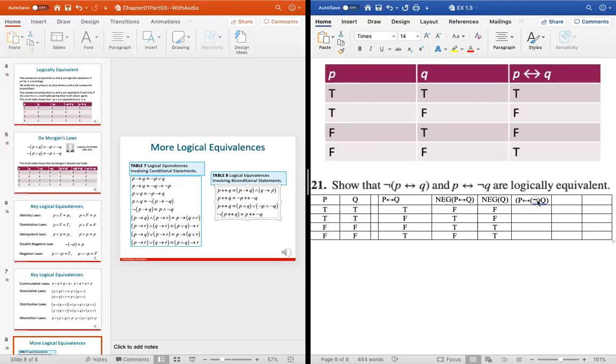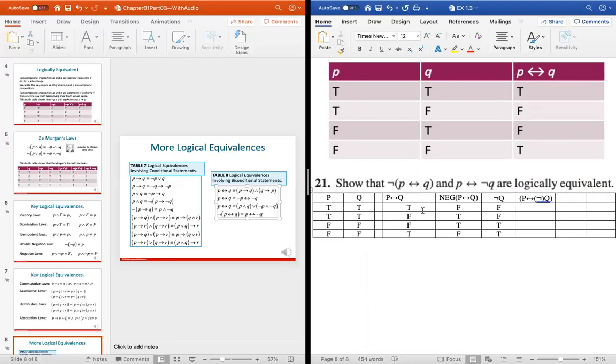Miss, for the biconditional, shouldn't the second row be true? The second and third row, for P and Q, it should be true, true, true, false, false, true, false, false.